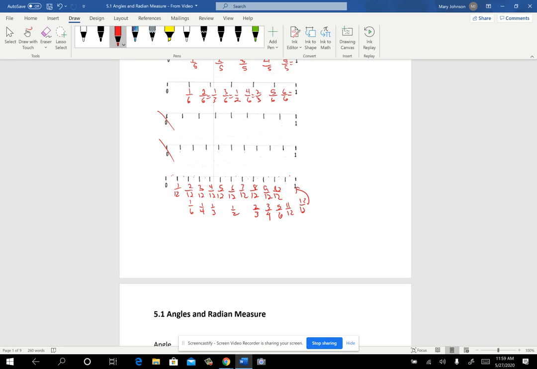Okay, so if you can get used to fractions and how they work, the bottom number tells you how many equal pieces, and the top number, it's like you're counting on your way to 1. 1 of those, 2 of those pieces, 3 of those, and so on. We're going to do this, but what we're going to do is we're going to have a circle ultimately, and we're going to need to kind of know where we are on this circle.